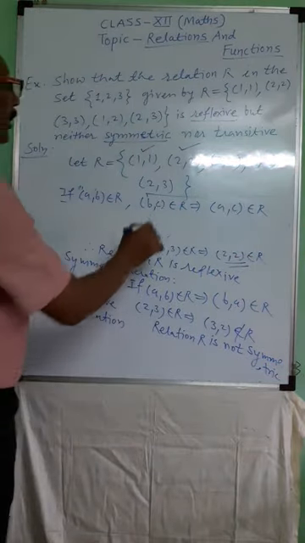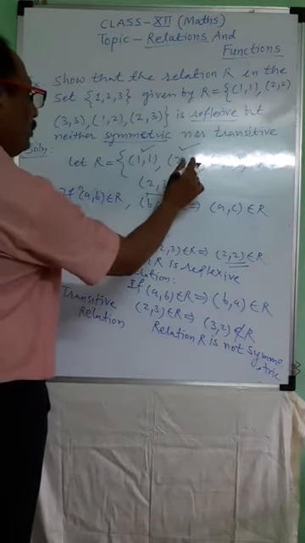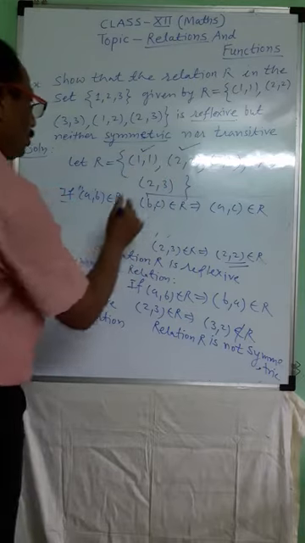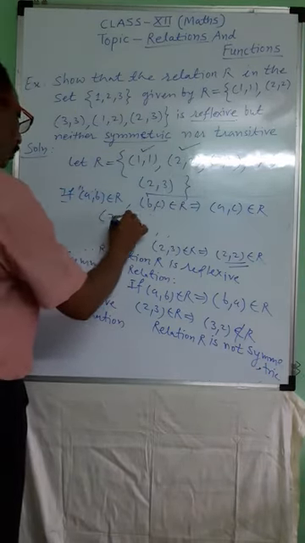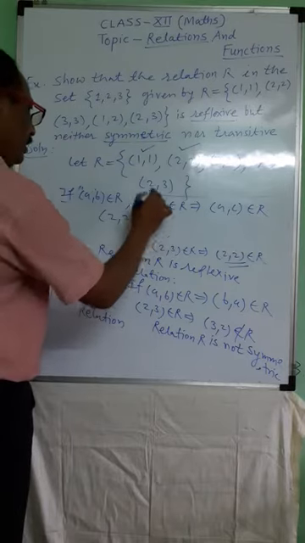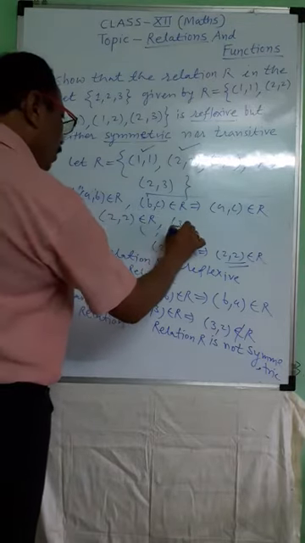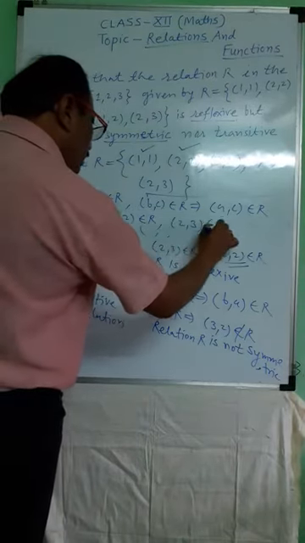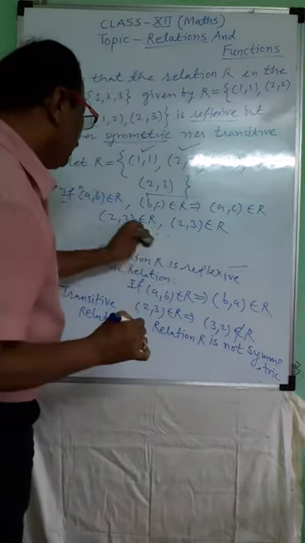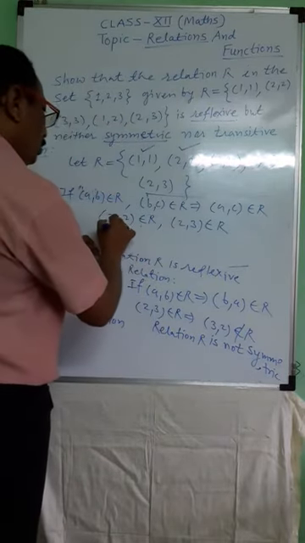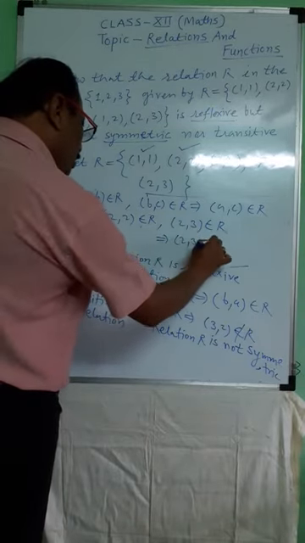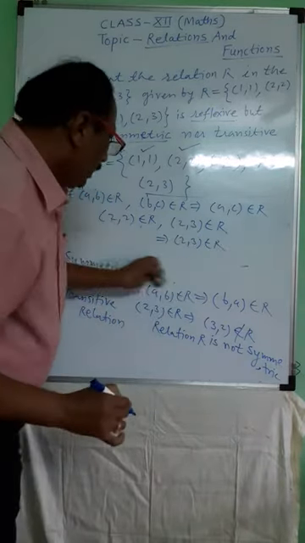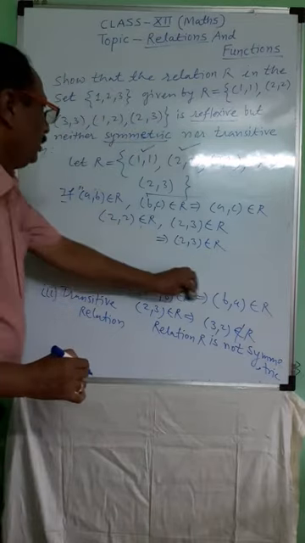Here I take (1,2) belongs to R and (2,3) belongs to R. Then we check whether (1,3) belongs to R. Yes, (1,3) belongs to R. Next we take another example.